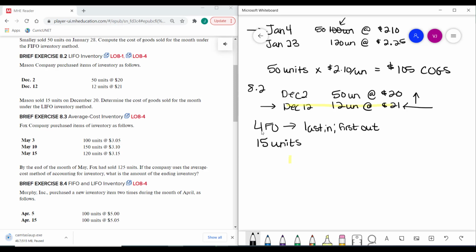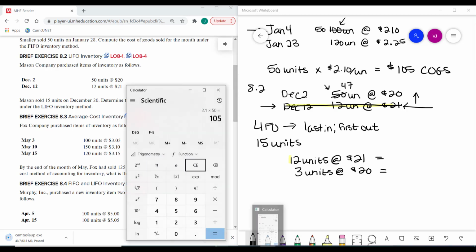So we're going to assume that 12 of the units that we sold have a cost of $21 each. But then that cost layer is gone now. But if we sold 15 units, that means we need to pull 3 from this one. And if we're pulling from that cost layer, each of those cost us $20 each to acquire. That means we have 47 units left of that older cost layer.